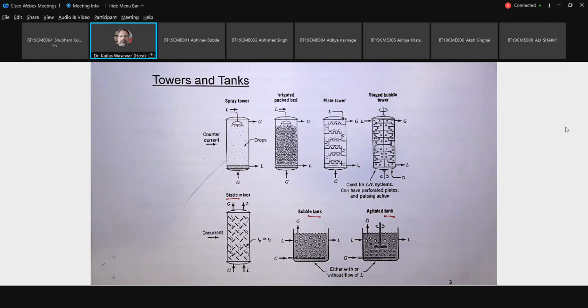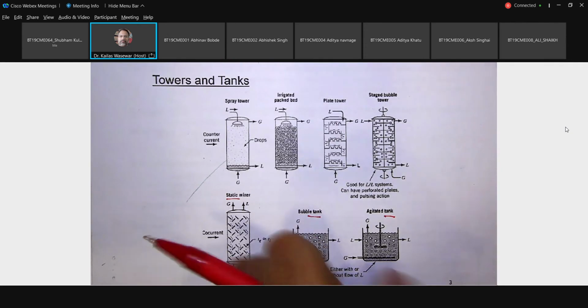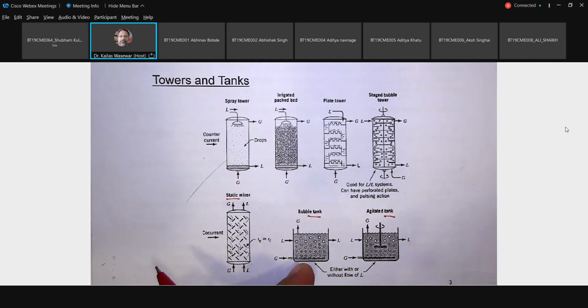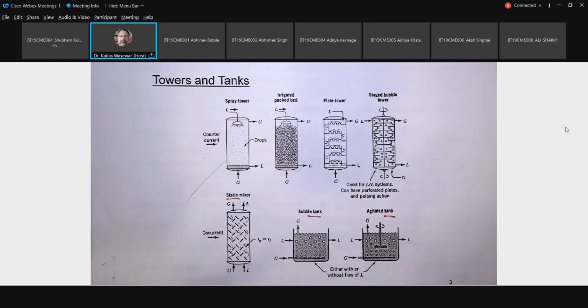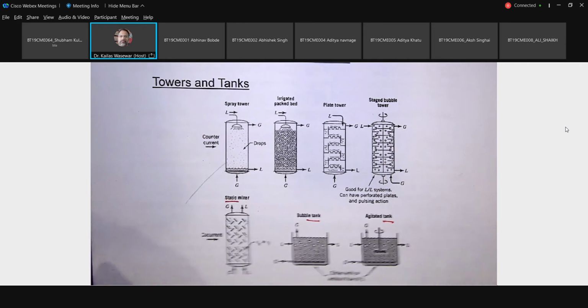These two come in the tank category, where there is agitation, and here, without agitation, the bubble tank, static mixer, spray tower, etc. So flow may be different in each. Different categories: one may be in plug flow, one in mixed flow, or both mixed, or both plug. These kinds of combinations you can see in this particular chapter.